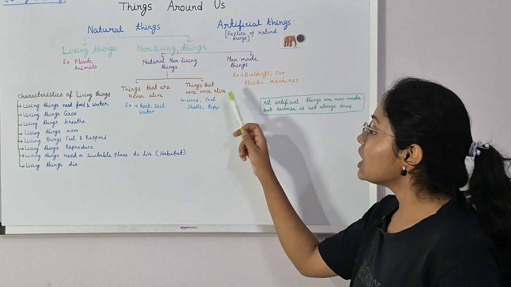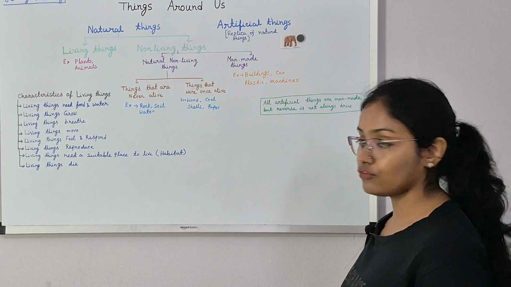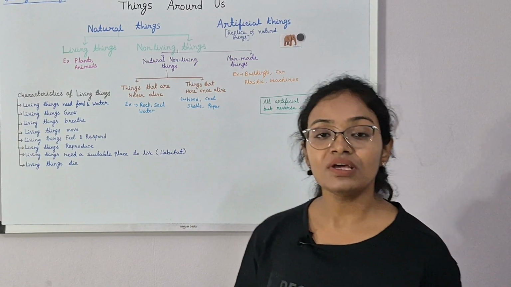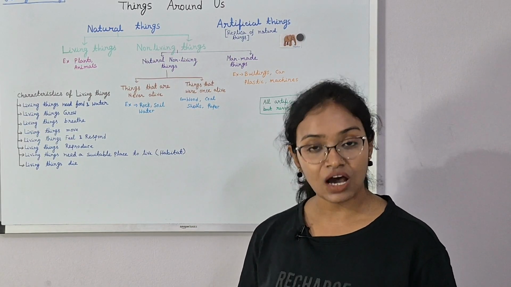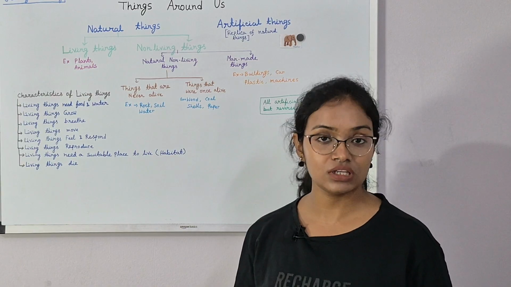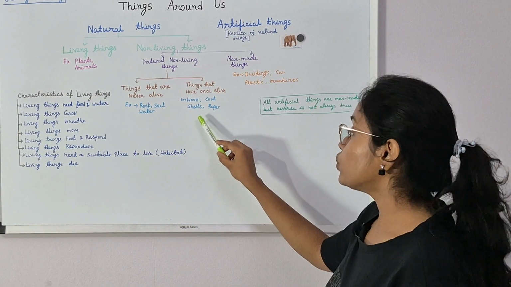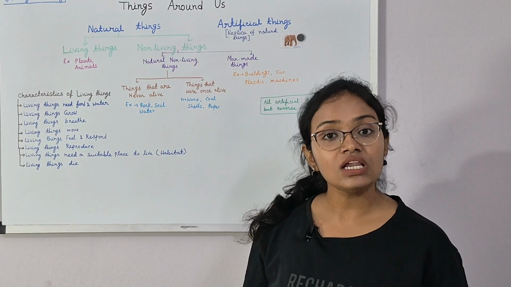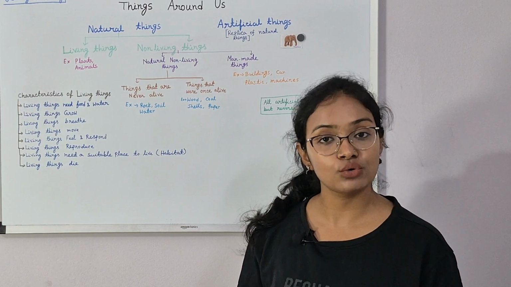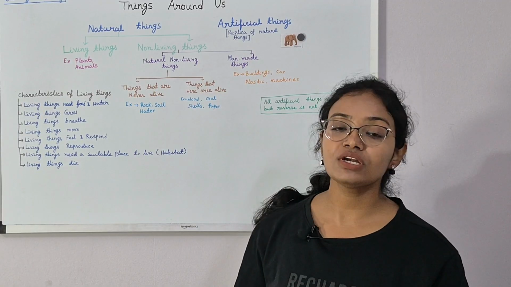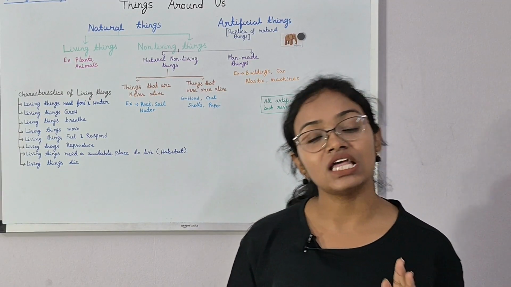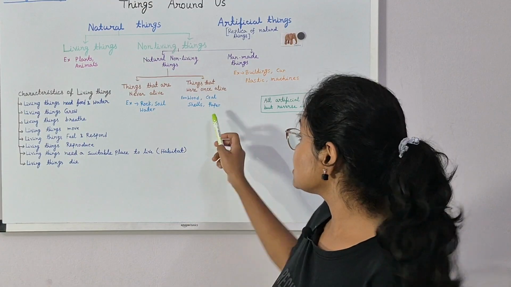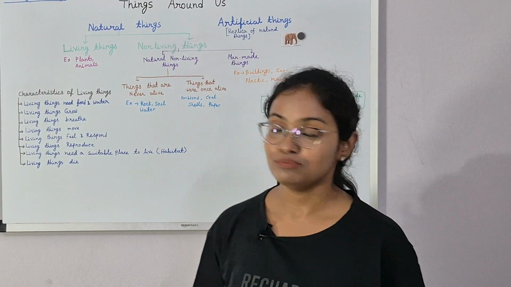Things that were once alive means once upon a time they were alive, but now they are dead and non-living. Example, coal, wood, shells and paper. Coal nowadays is coal, but once upon a time it was a tree and at that time it was alive. So these are once alive.